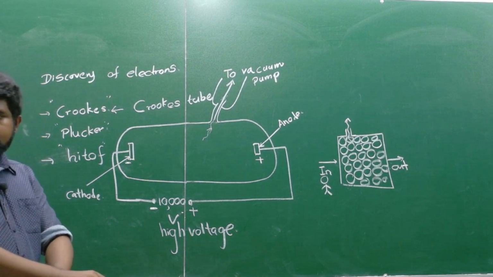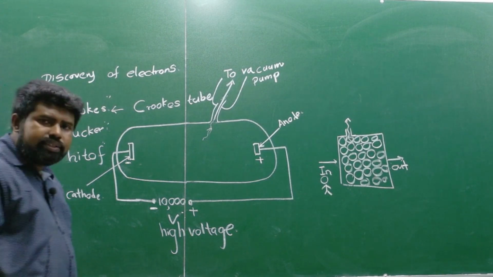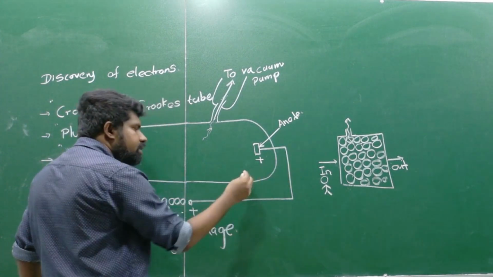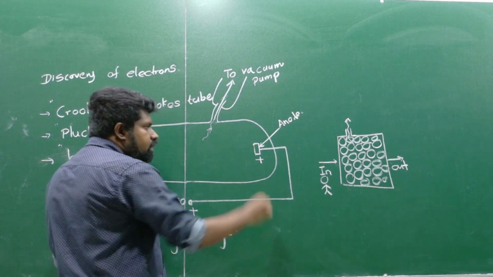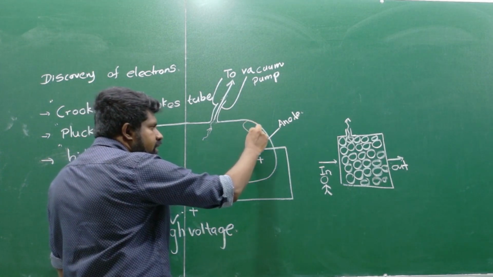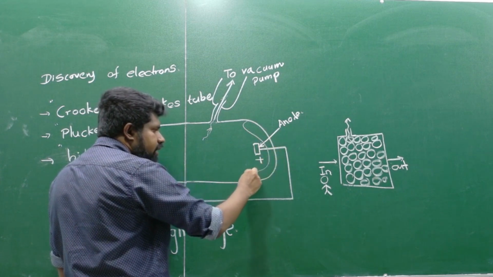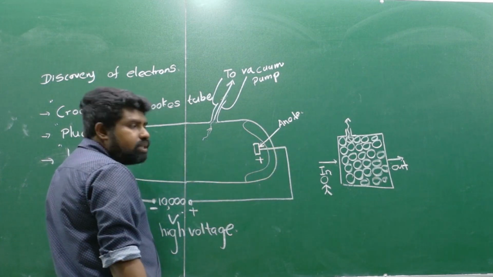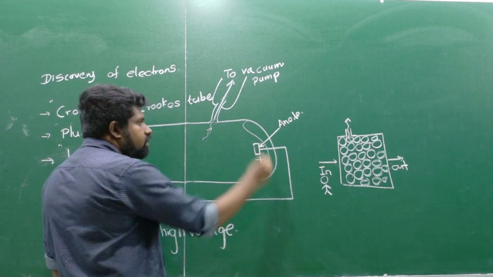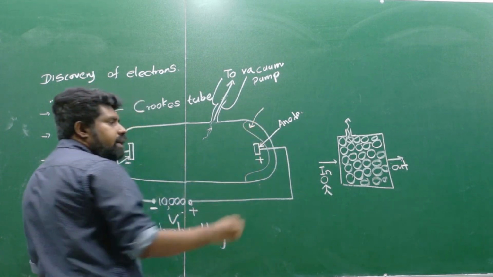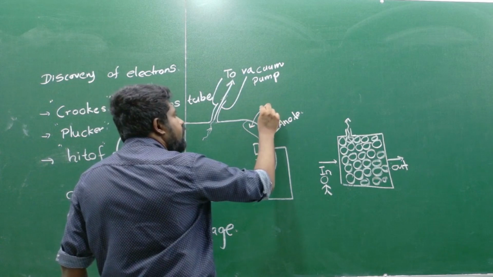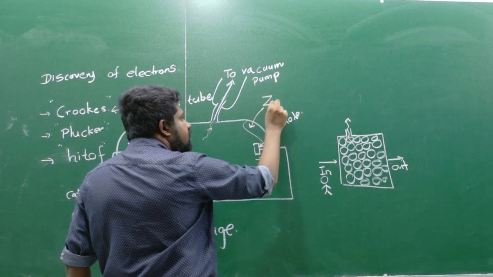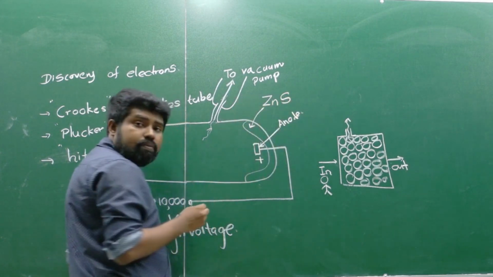Now listen. Then they did some other modification inside the tube. They placed a special screen or plate closer to the wall of the anode, and this plate or screen was painted with a special compound known as zinc sulfide.